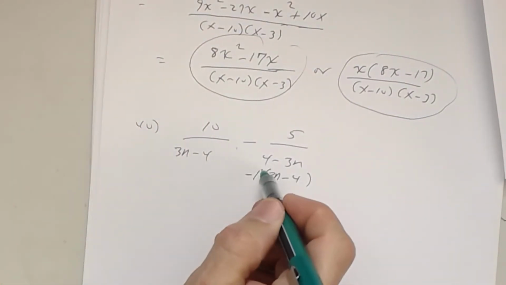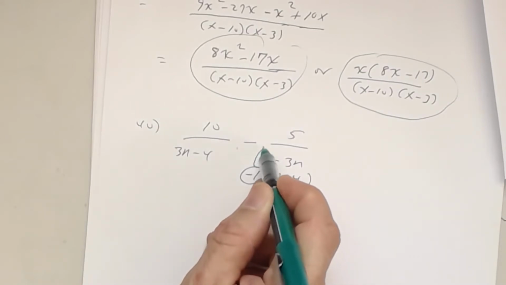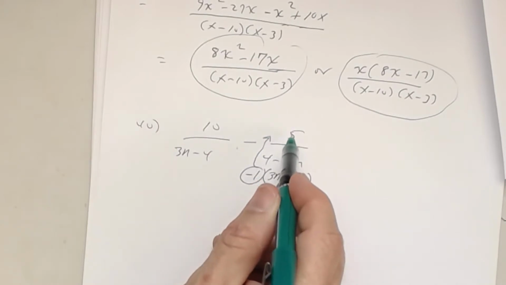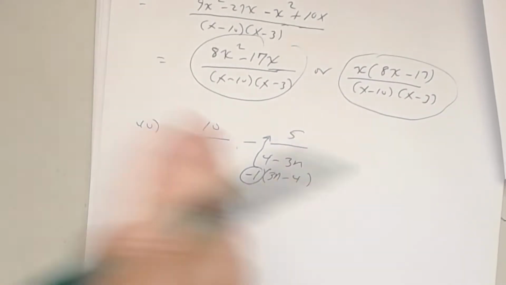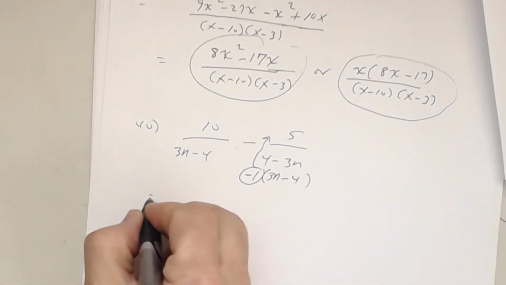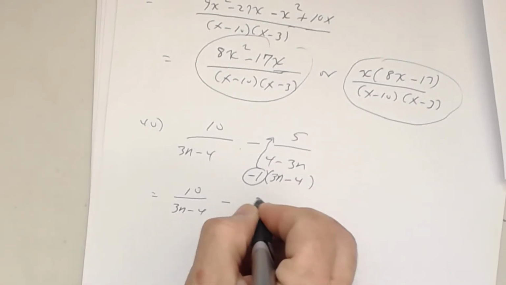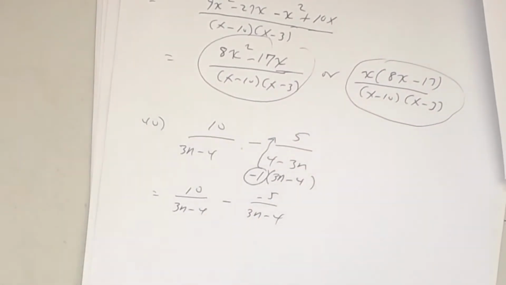But that negative right here, you want to put in the numerator. So this 5 becomes a -5. So here's what I have. I have 10 divided by 3n minus 4, subtract a -5 divided by 3n minus 4.